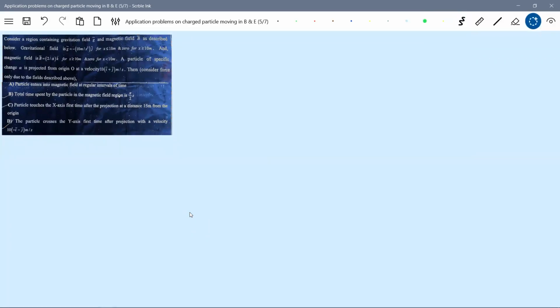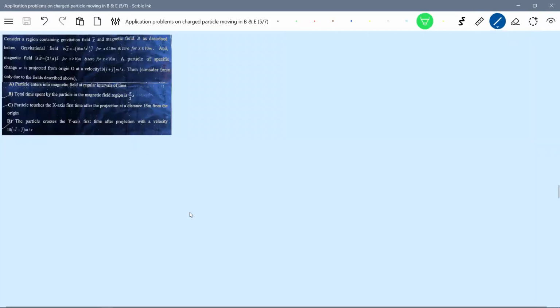Consider a region containing gravitational field and magnetic field as discussed. There's no electric field, okay, we can manage to some extent. Even I'm drawing diagrams.